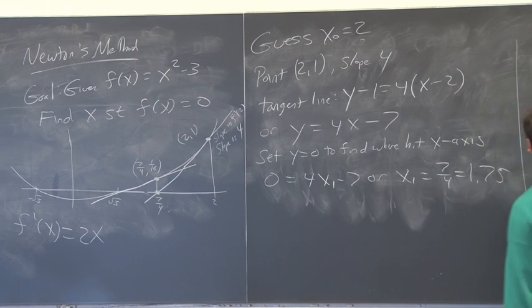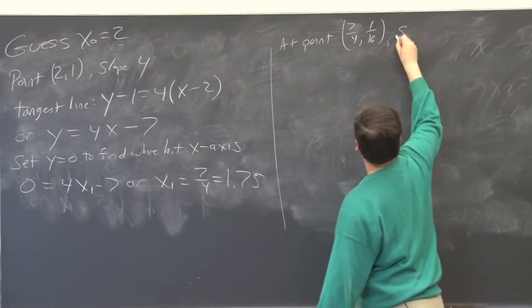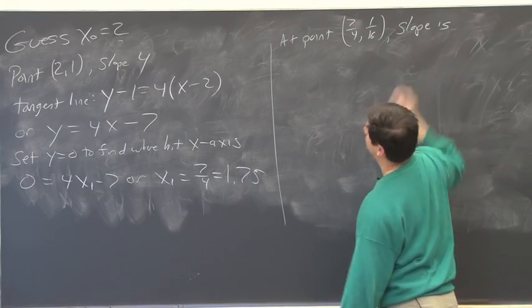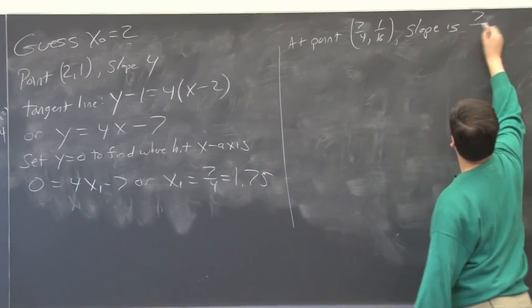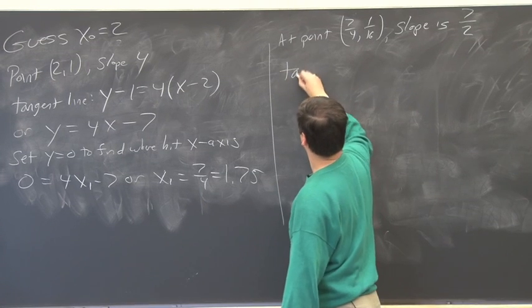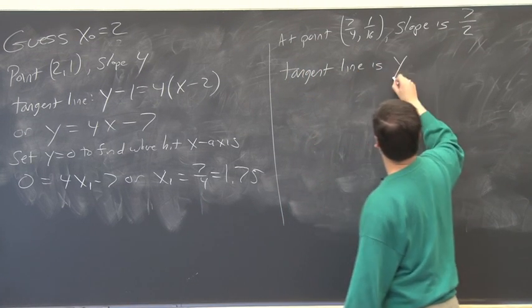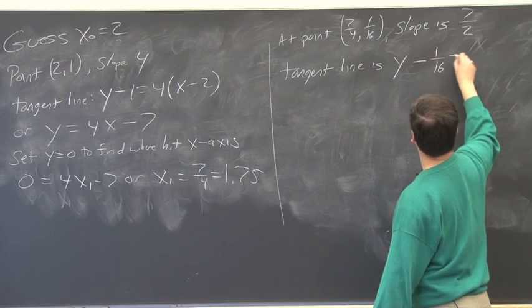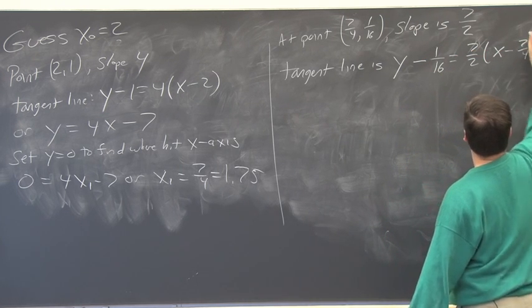And so now we just play this again. So now, at the point 7/4, 1/16, the slope is just 2x, so the slope is going to be 7/2. So the tangent line is y minus 1/16 equals 7/2 times x minus 7/4.